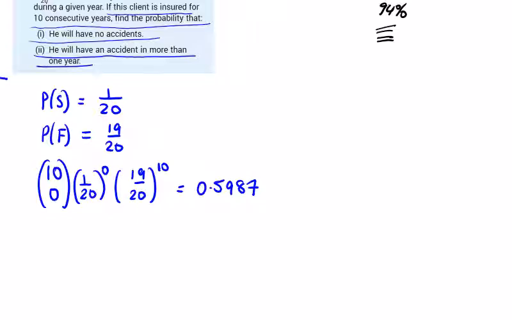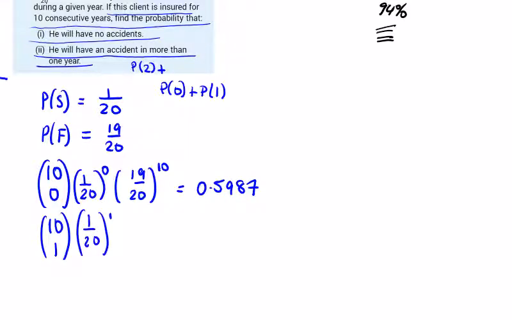Now the probability of an accident in more than 1 year, so 2 plus. So we need the probability of none and the probability of 1. The rest of them will be 2 or more. So we have the probability of none, and the probability of 1: 1 over 20 to the power of 1, 19 over 20 to the power of 9, which is 0.3151.